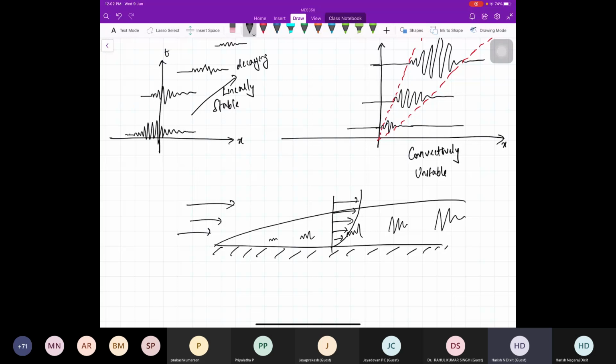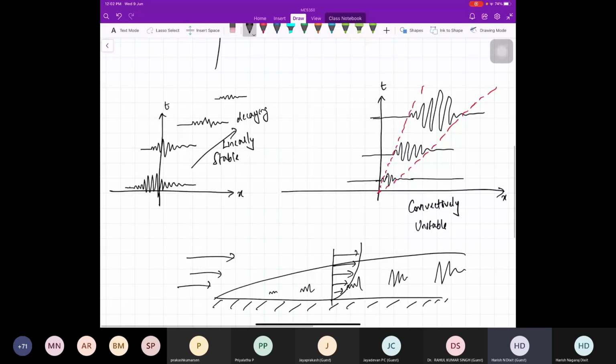Now, these kinds of disturbances you can represent in a space-time diagram like this, where within this envelope you will see the instability. You can calculate an average rate, which is basically the slope of this curve, somewhere in the middle.